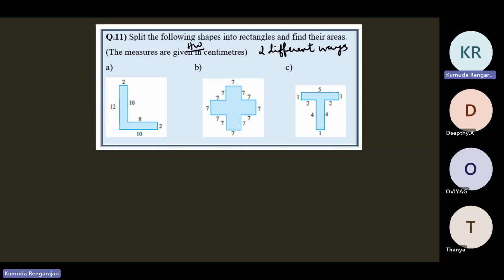We are doing it in two different ways just to understand better. Okay, ma'am. Yeah, yeah. So as you said, there might be some figures where we cannot join it in two different ways. There'll be only one way. Okay. Here we can work the answer in two different ways for all these figures. Okay.